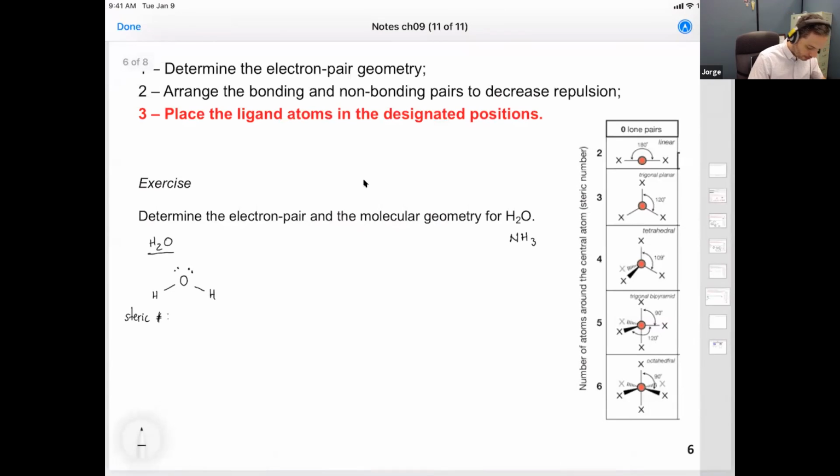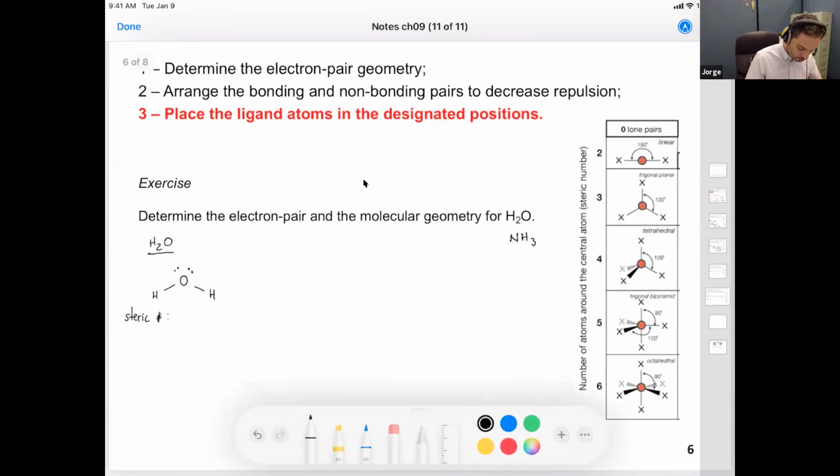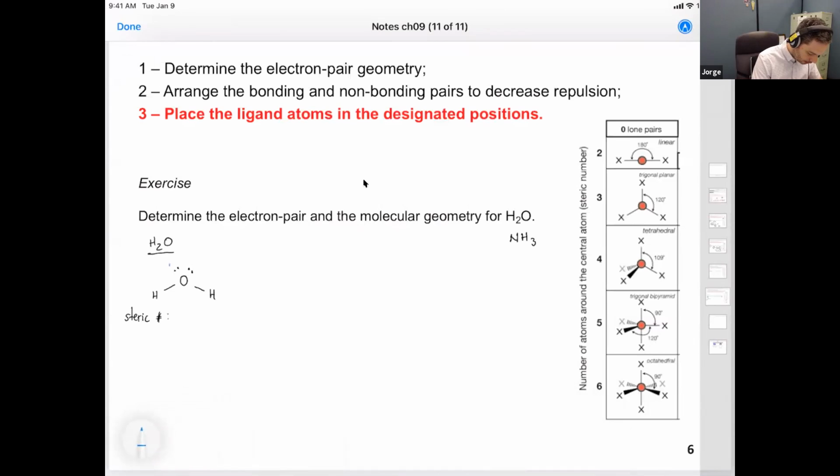So the steric number, you are going to consider bonding and non-bonding pairs looking only at the central atom. So this is the atom that we are going to look at. We have two single bonds, each one contributes with a unit to the steric number, and two lone pairs, each one contributes with a unit to the steric number. So therefore, our steric number is 4.